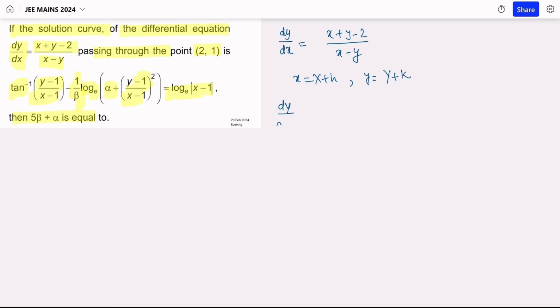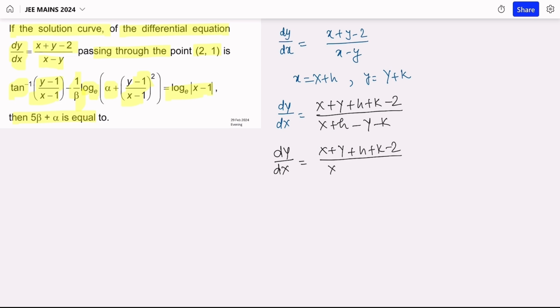So we'll get what? dY upon dX is equal to X plus Y plus h plus k minus 2 upon X minus Y plus h minus k.